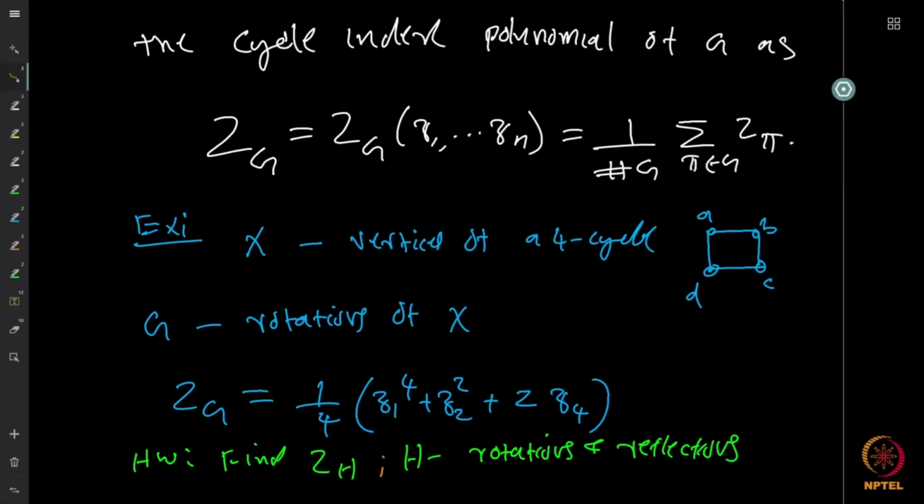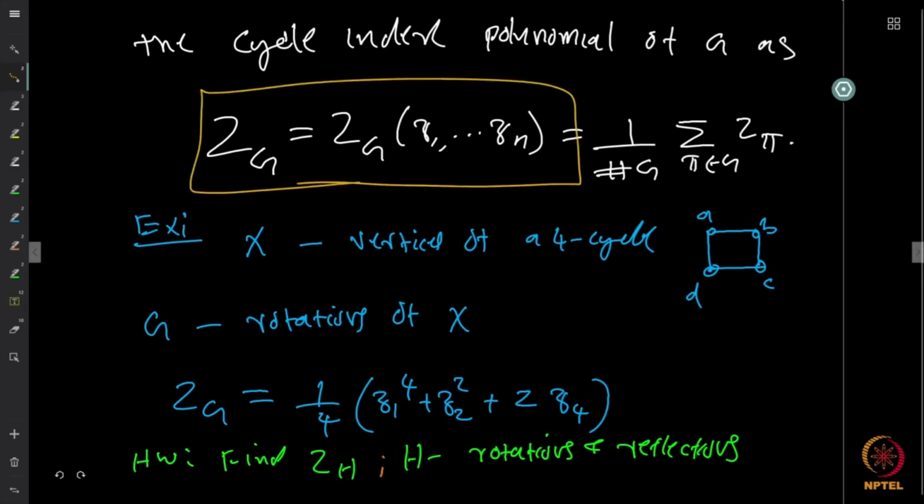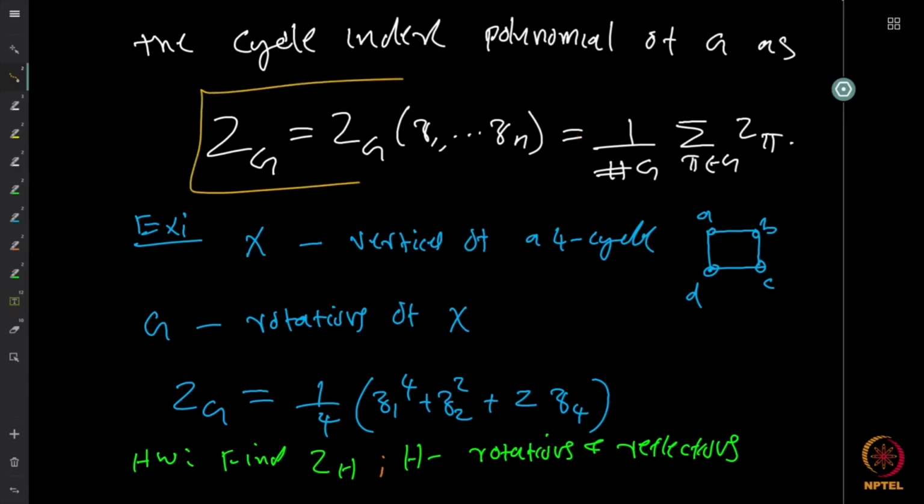So the sum of all these monomials, normalized by the order of G. So this is the cycle index polynomial of the group G. This will be very useful. We will see how this cycle index corresponds to the counting of colorings that we are going to do.